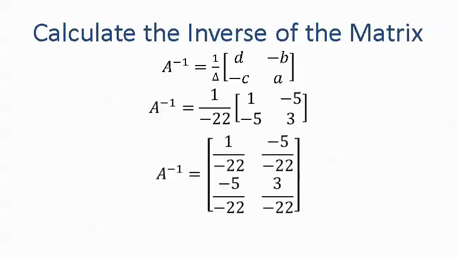Since we can multiply into the matrix directly, we simply take that 1 over minus 22 and multiply each term by that value. So now we have 1 over minus 22, minus 5 over minus 22, minus 5 over minus 22, and 3 over minus 22.